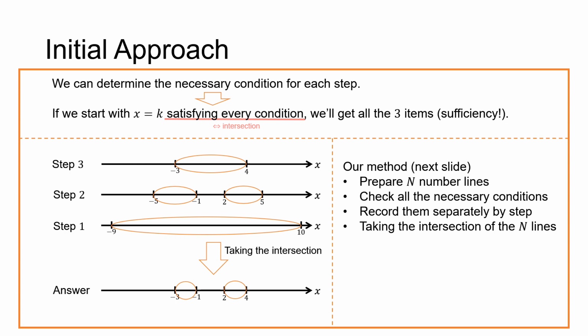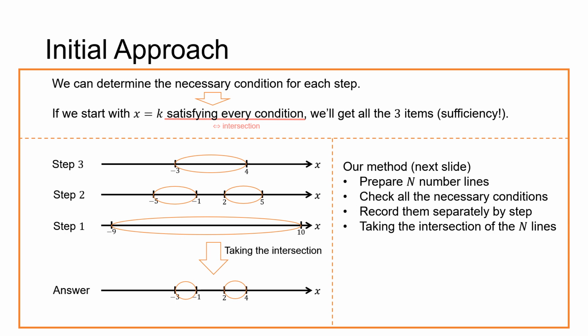That's because for each step i, the condition says we have at least i items in the target range, and we have selected i-1 items by step i-1, so at least one item is remaining in it. Therefore, the intersection of the n necessary conditions satisfies the sufficiency of the problem, so it's precisely the target condition of the problem.